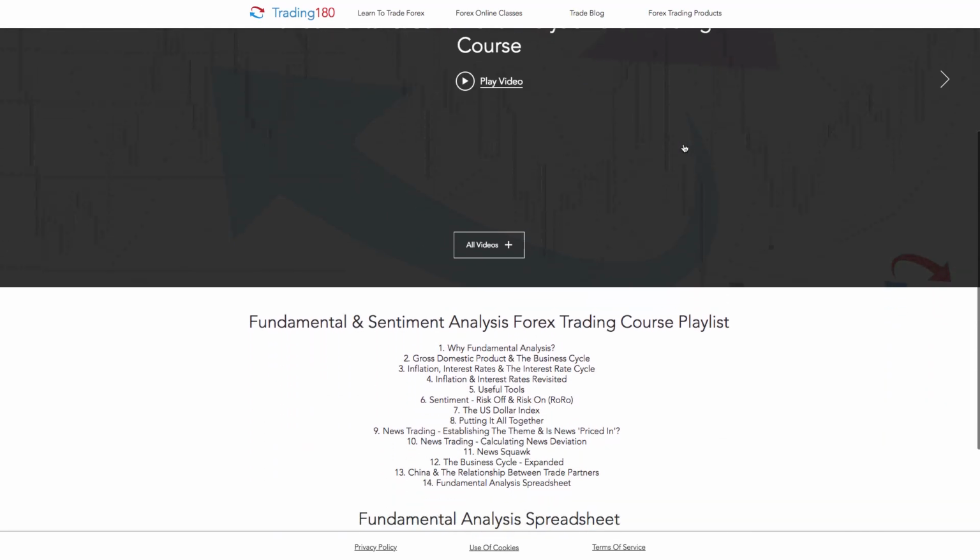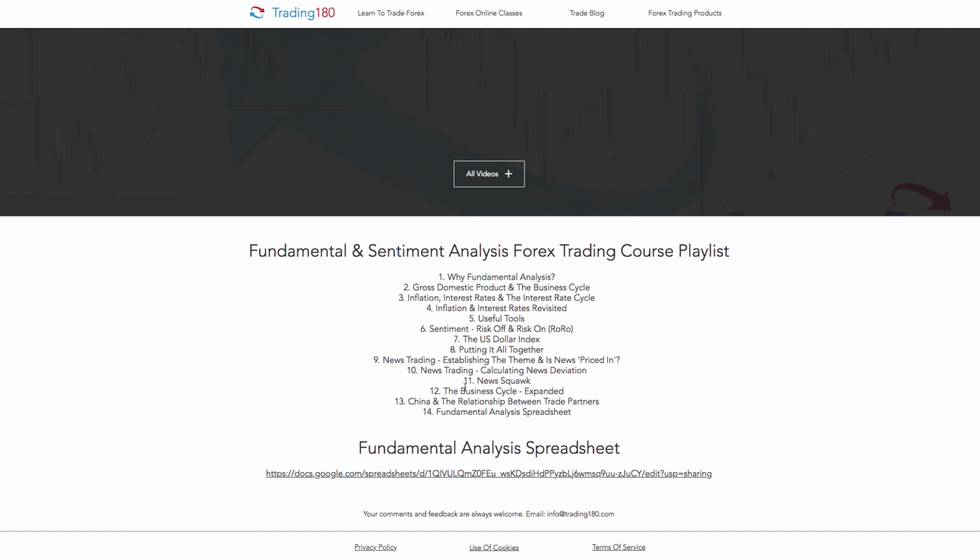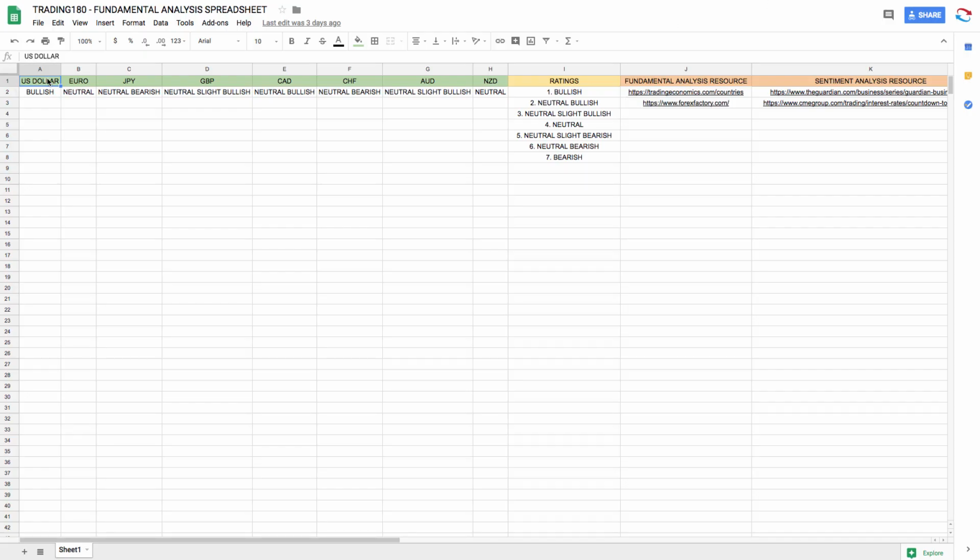You get a fundamental analysis course which goes through the main points of fundamental and sentiment analysis. You also get a fundamental analysis spreadsheet, in which I go over my bias as to which currency pairs I should be buying and selling. I've been bullish on the dollar all year, and you can see that the dollar is pretty much king, and I'm negative on the Japanese yen and the Swiss franc.